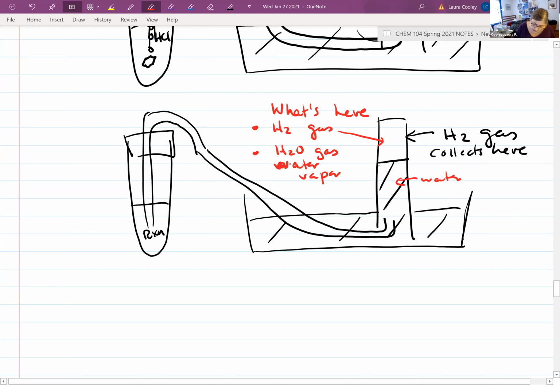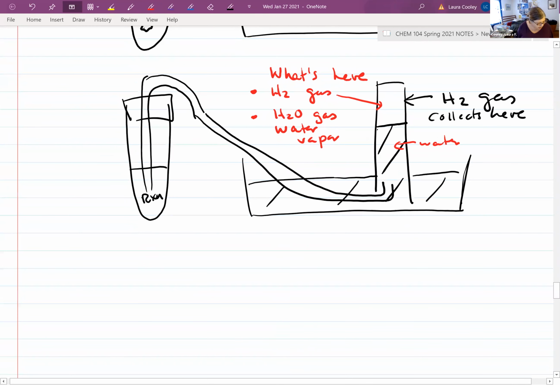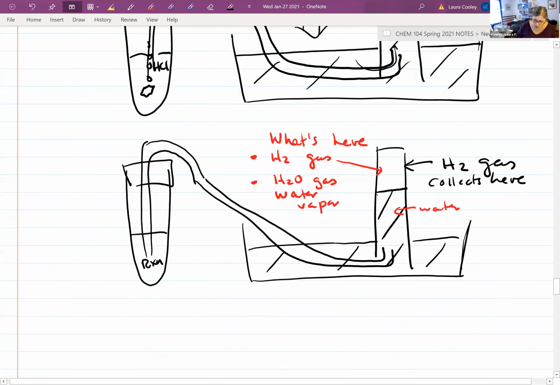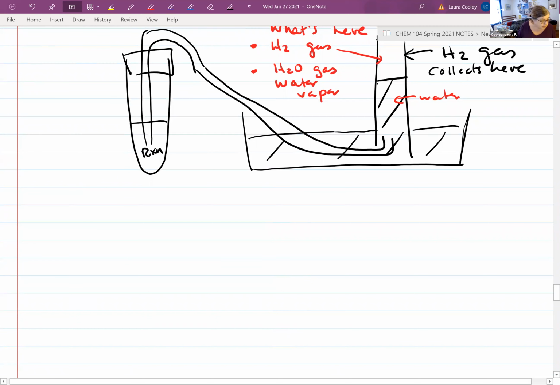So whenever you collect a gas over water, you have to worry about the fact that there's water vapor in there as well. I'm going to get back to that, but first I'm going to solve this problem as far as I can get. Actually, I haven't given you the problem yet, but now I'm going to give it. I'm going to work on the problem, and then I'll come back to the water vapor.